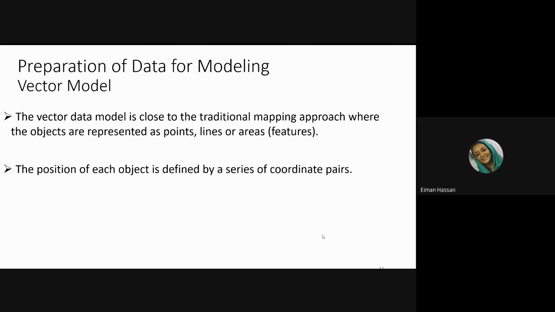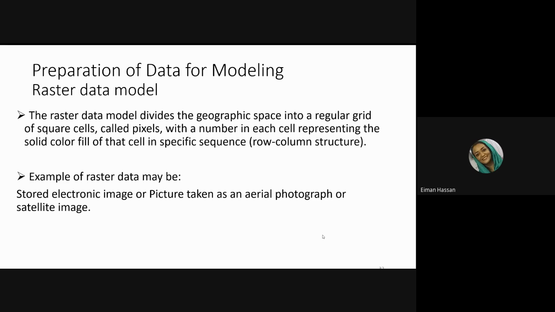That means it represents point, line, and area features. So it looks like the maps, but the positions at the end are the same. We are positioning them with coordinate pairs, and we import it into the software out of the GIS.